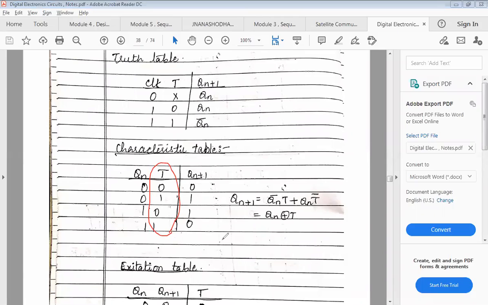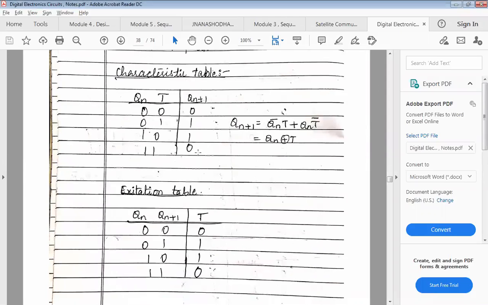Since T is equal to 0, what is going to happen? Qn should come. So Qn is 0 and this 0 comes in here. Similarly, when T is 1, what should happen? It should complement. So 0 becomes 1. 0, the same thing comes here. 1, it is complemented and 0 comes. So this is your characteristic table.